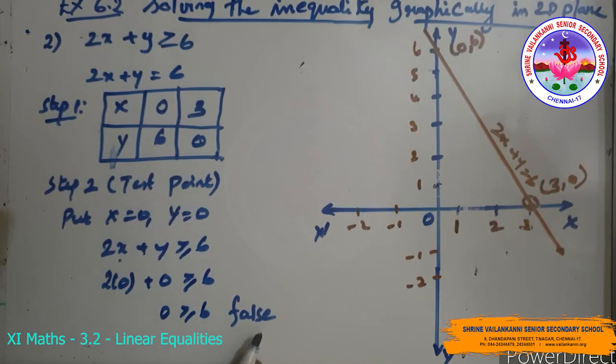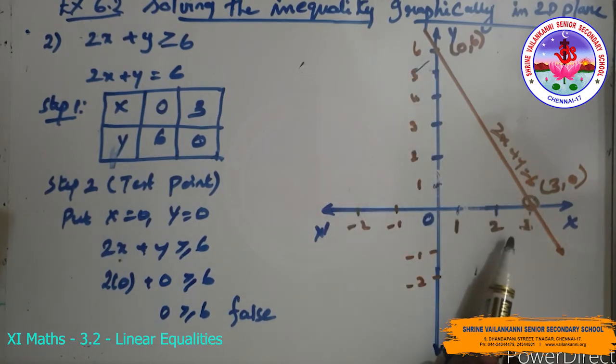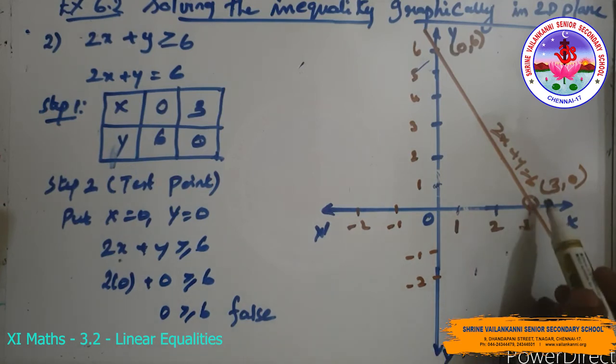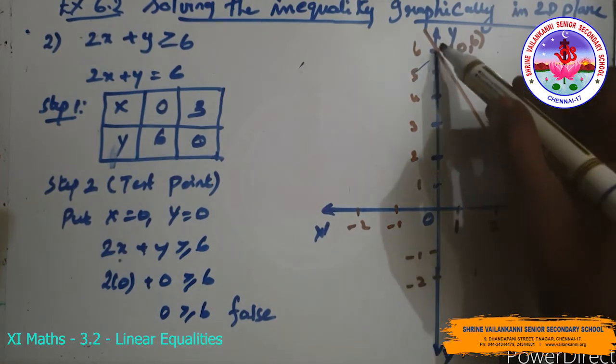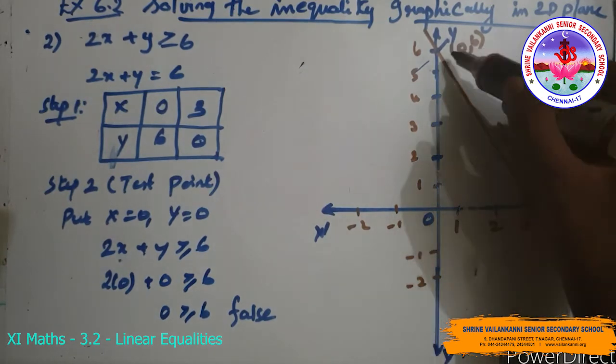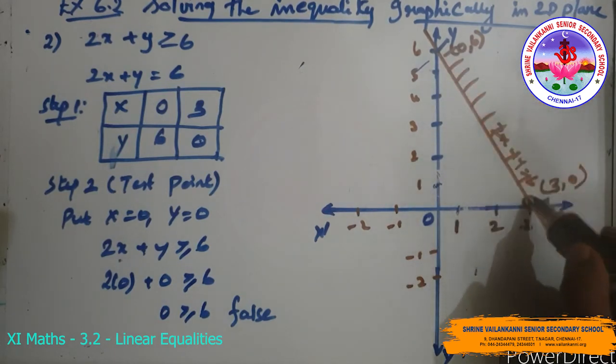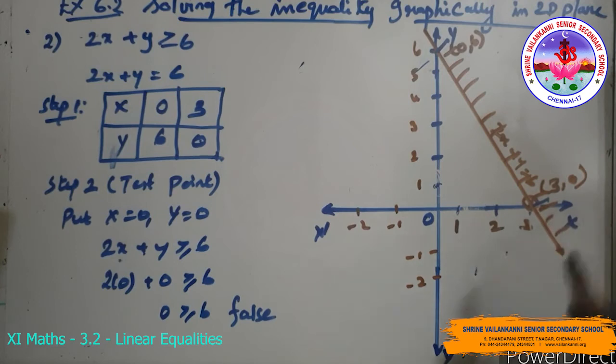If it is true, then it lies towards the origin. If it is false, it lies outwards from the origin. That is, we have to shade in the half plane 2. Therefore, half plane 1 is not the solution region of the given inequality.